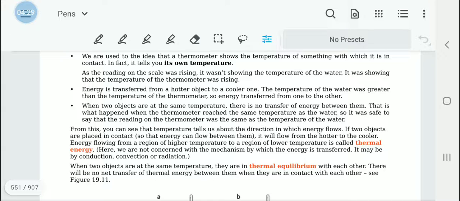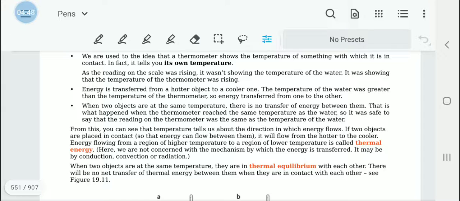Then the energy contained in the thermometer would get transferred to the outside. So as a result, you would see the reading going lower. So we can figure out in which direction the energy is flowing.